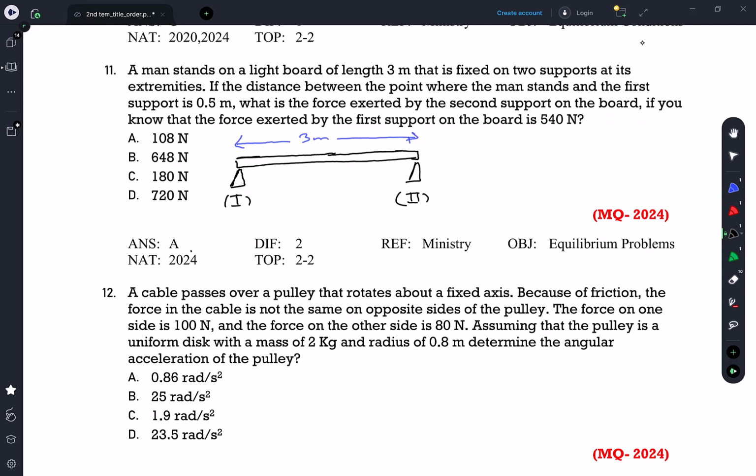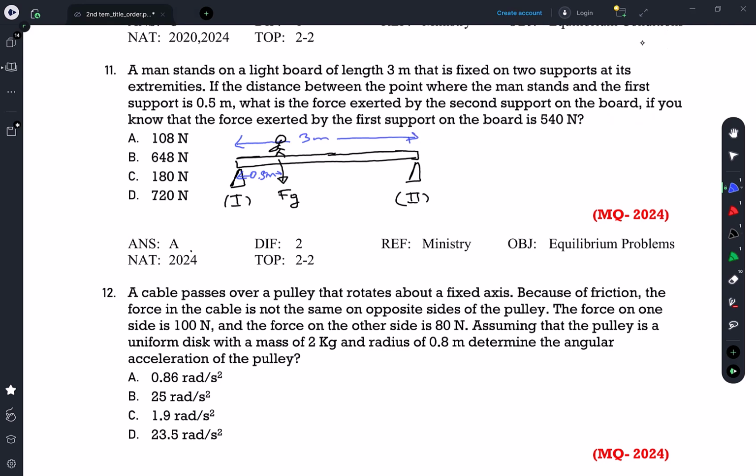So from the first support, 0.5 meter means somewhere in here is the man. And this man is going to be applying a force, which is Fg. It's not given in the question. And this distance is given, 0.5 meter.